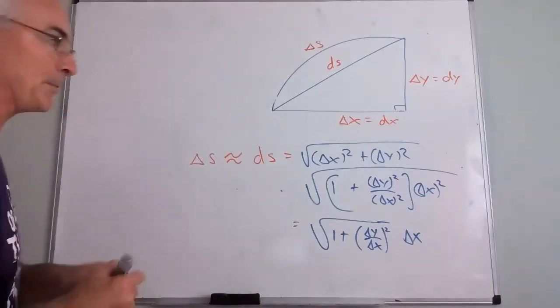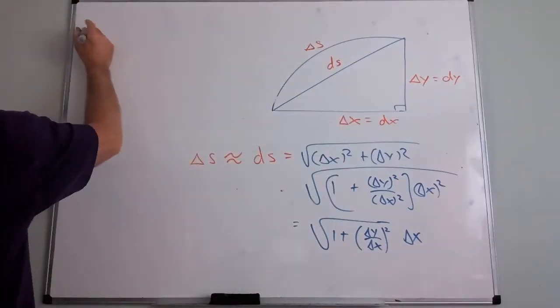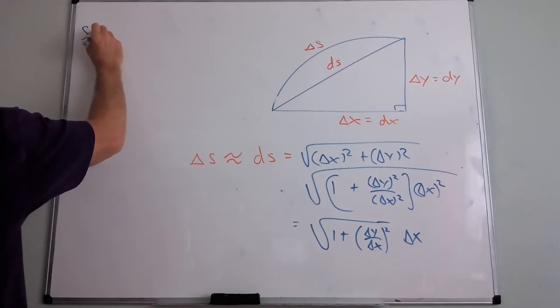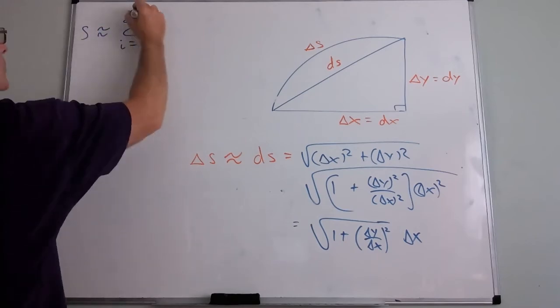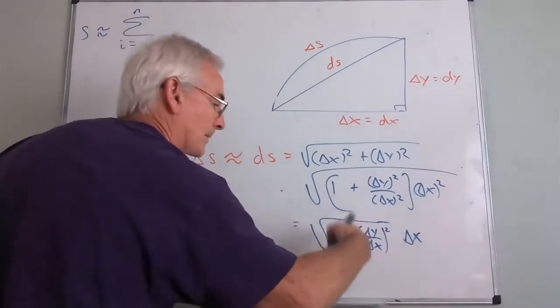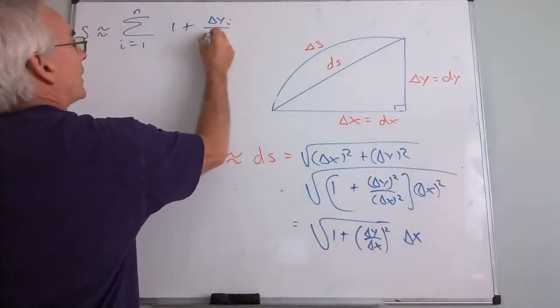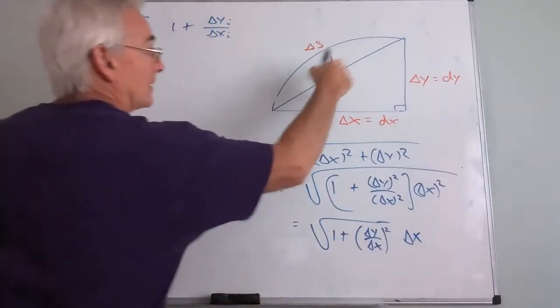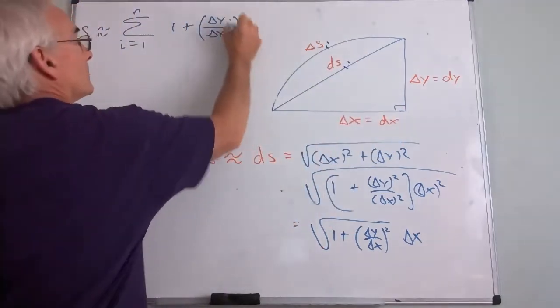I'm going to take the limit. So let's first add up all the line segments. If I add up all the lengths of the line segments, then we can say that the actual S can be estimated by the sum, i equals 1 to n, of the square root of 1 plus delta yi over delta xi, squared, times delta xi. That's the ith, so technically these can all have i's on them.